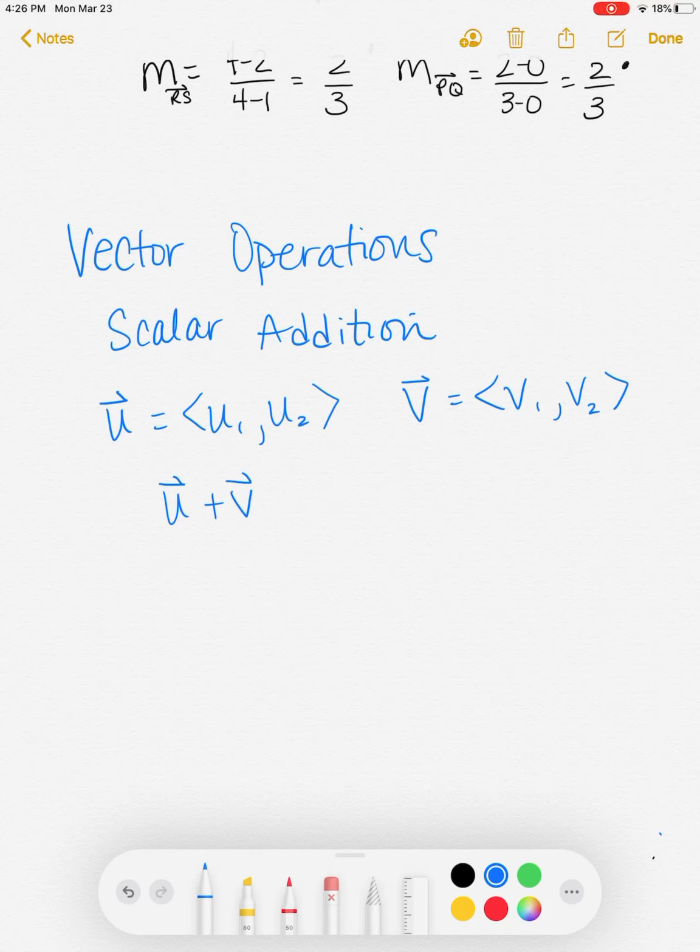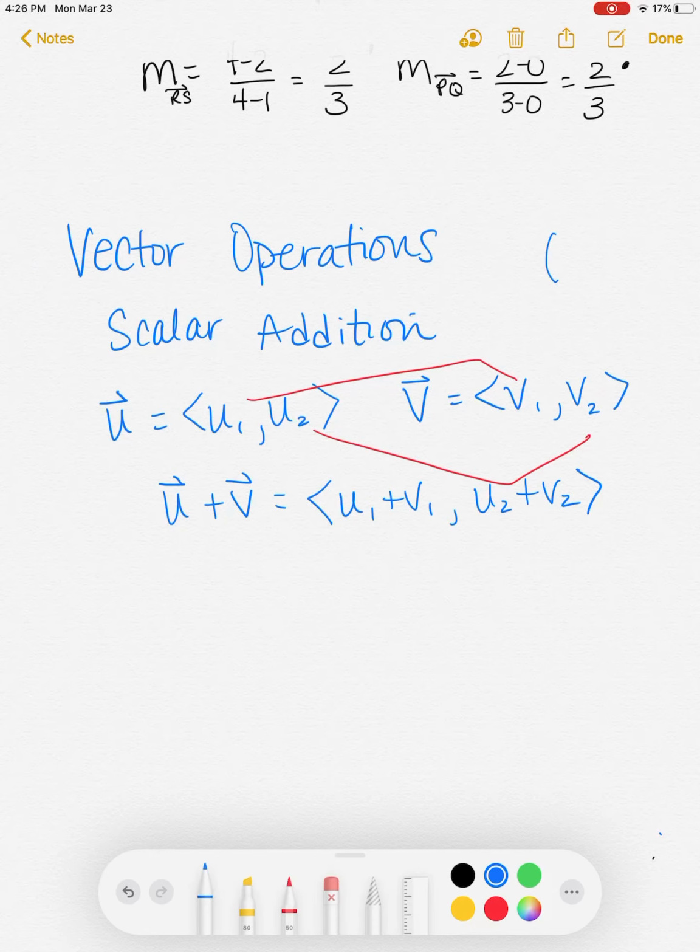We can say vector u plus vector v. All we do is add the first components and then add the second components. It's that easy. So to sum two vectors, we just say u1 plus v1, comma, u2 plus v2.